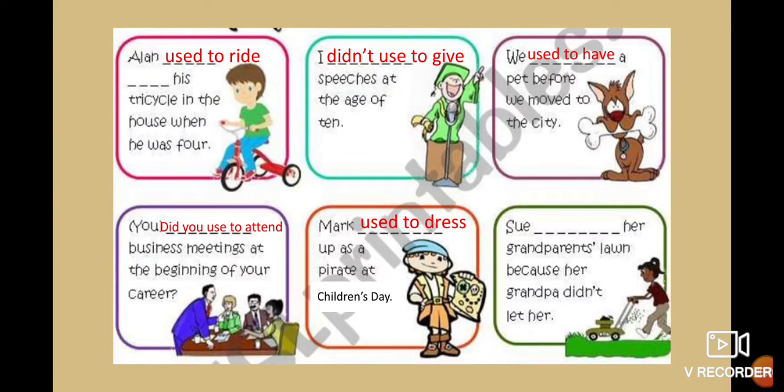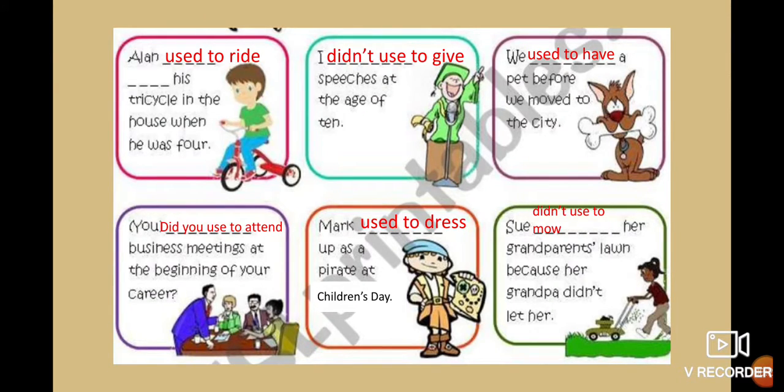Next one, Mark used to dress up as a parade at Children's Day. Then we have Sue, okay, didn't used to mow her grandparents' lawn because her grandpa didn't let her. Okay, so you check the structure in negative and also in affirmative sentences and in questions.